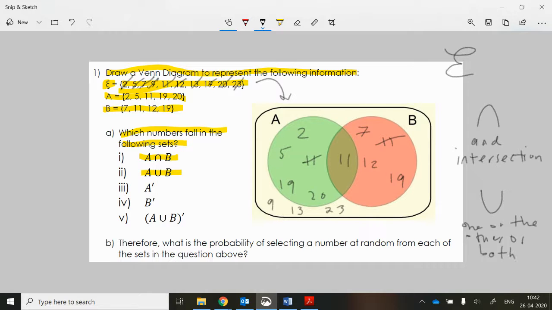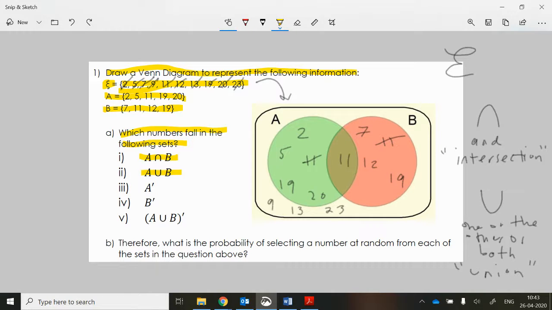Sorry for my handwriting there. And that's what we call the union. So this is union, and this one is intersection. So the union in this case, we're saying, well, which numbers fall into these? Well, that's anything which is in A, and anything which is in B, and anything which is in the middle as well. So all of those numbers need to be written down, and we don't need to write 11 more than once.